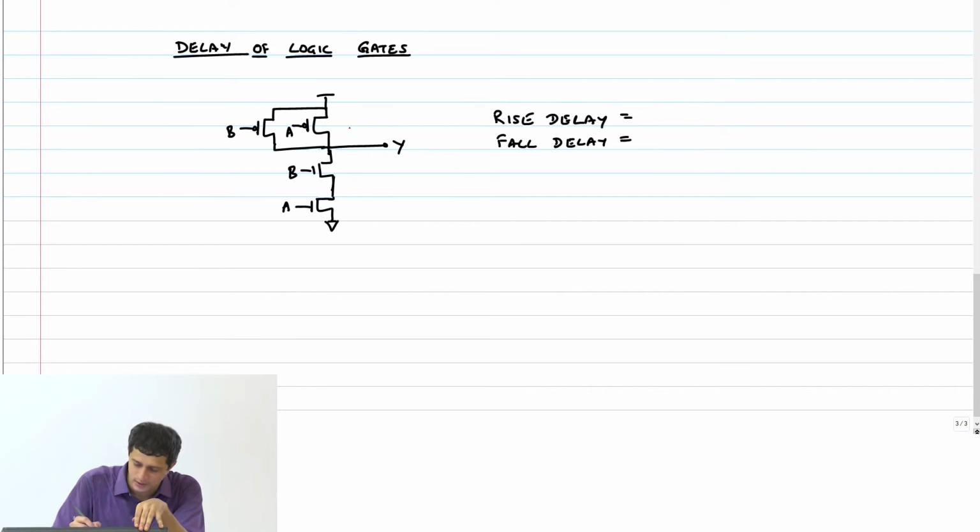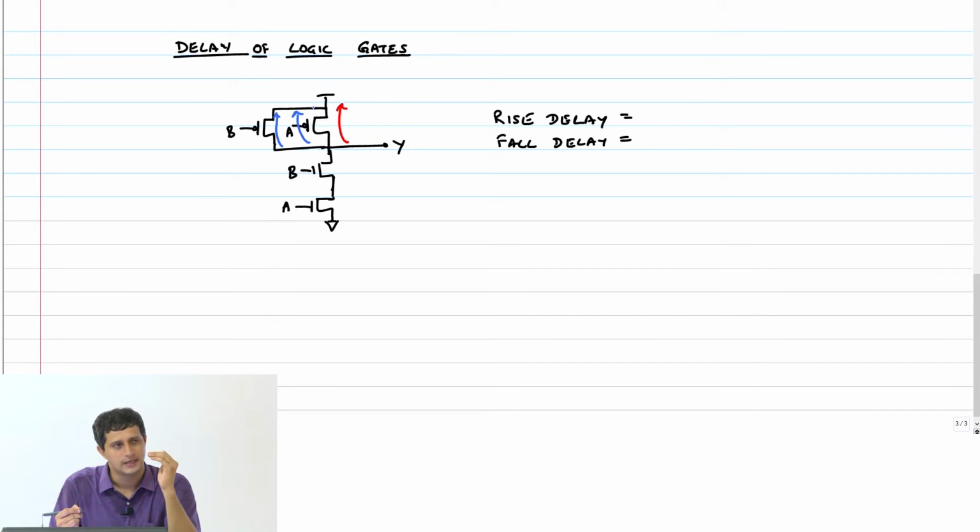If this happens, then it happens through a resistance of R, and therefore that is going to be your worst case delay. On the other hand, if it gets pulled up by both transistors together, then it's an R by 2 resistance, and therefore that's your best case delay, right?